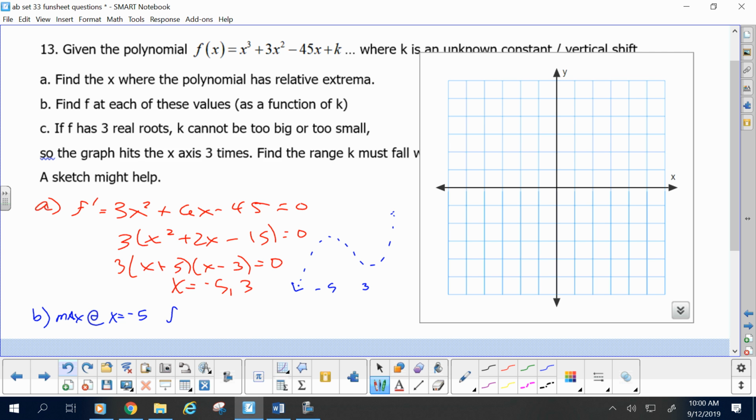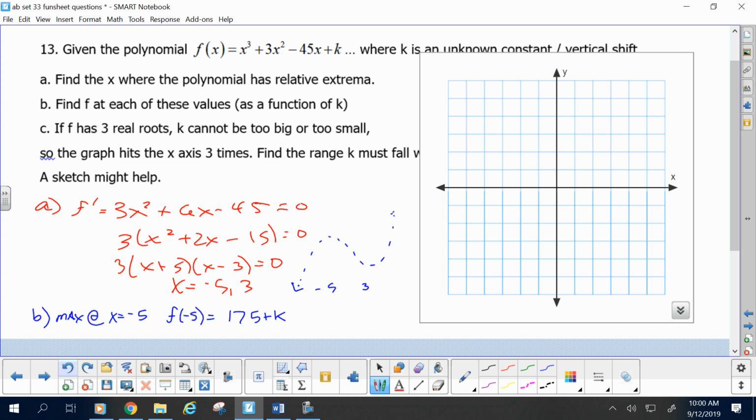Well, f at negative 5 is going to be what? Negative 125 plus 75, so that's negative 50. Plus 225, so 175 plus k. Is that right, anybody?